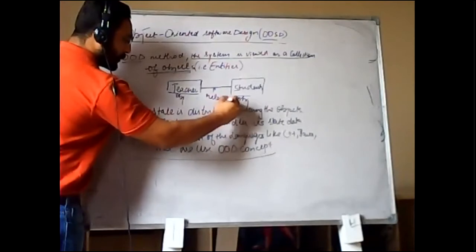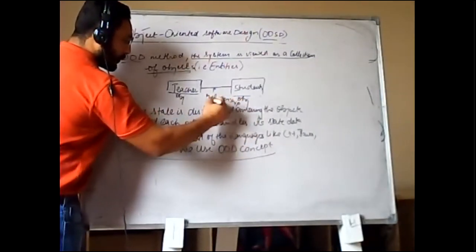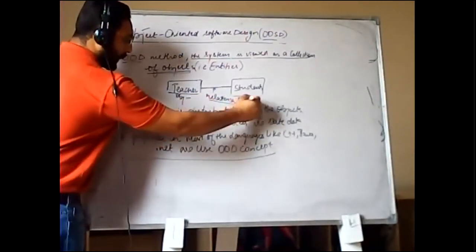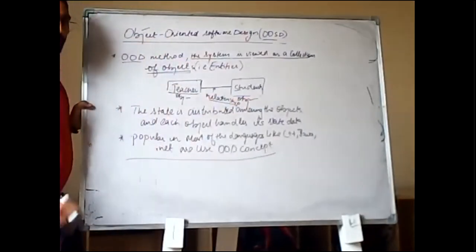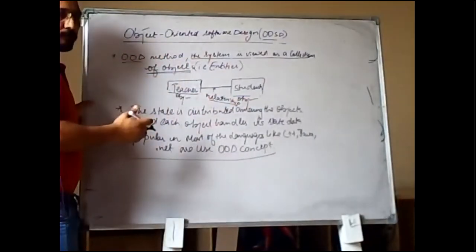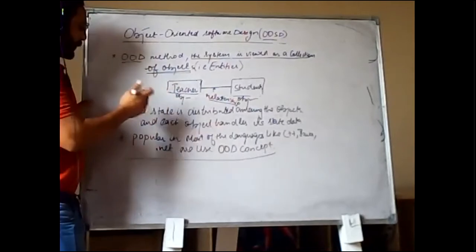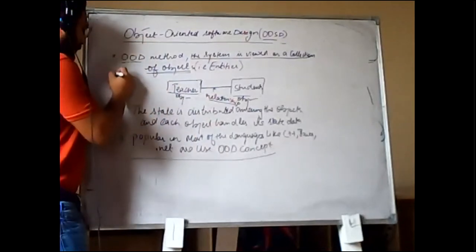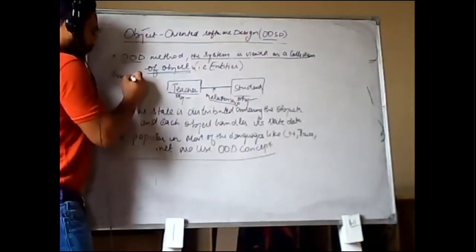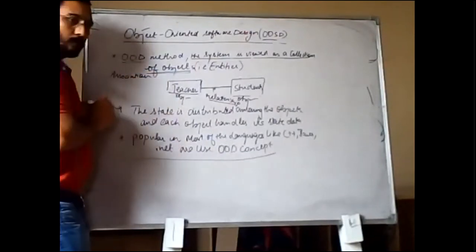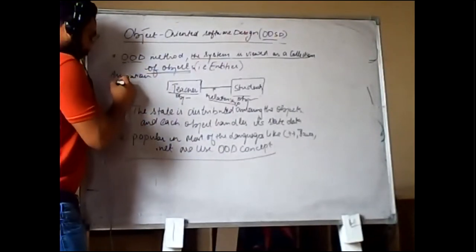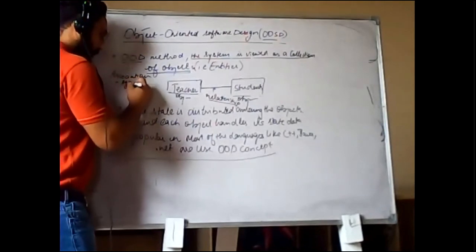The relationship between this object and this object. Okay, further we will study there are different types of relationships. There is an association, and in association there is aggregation.